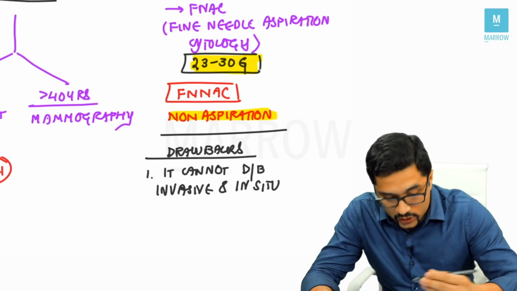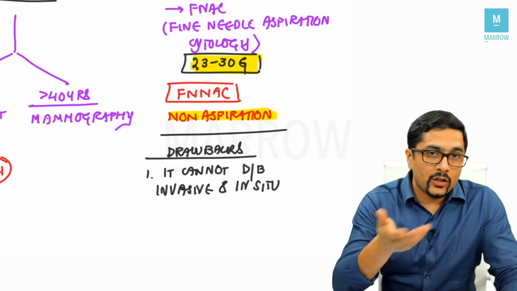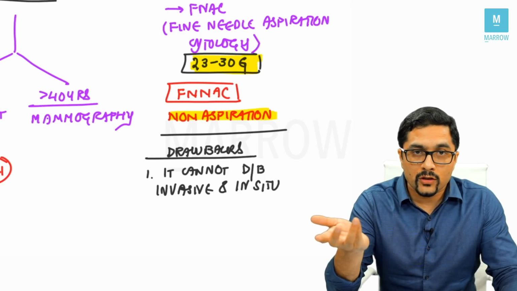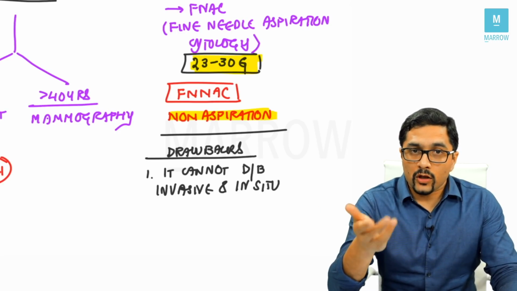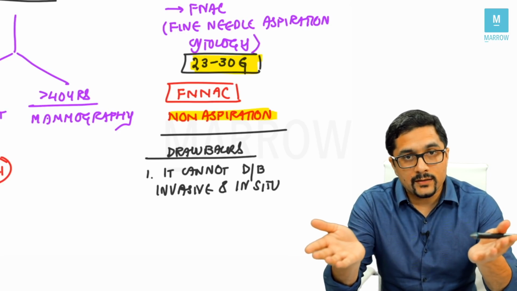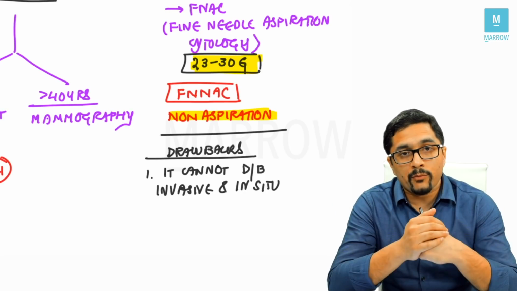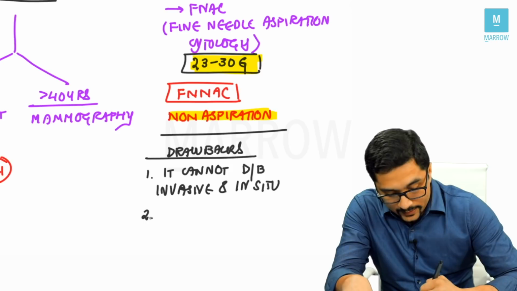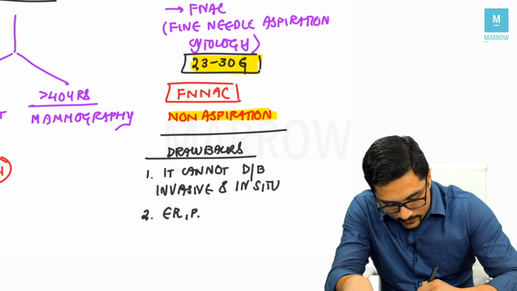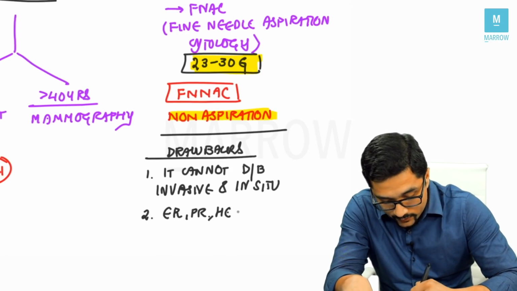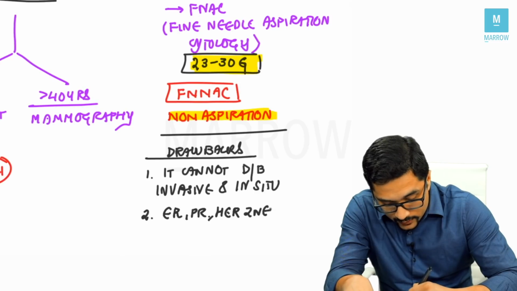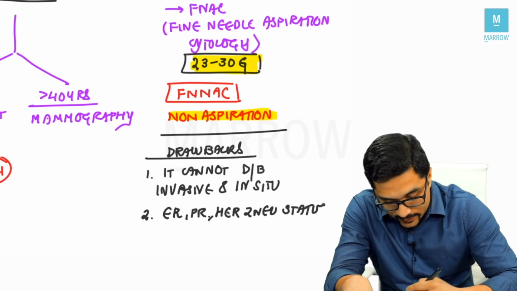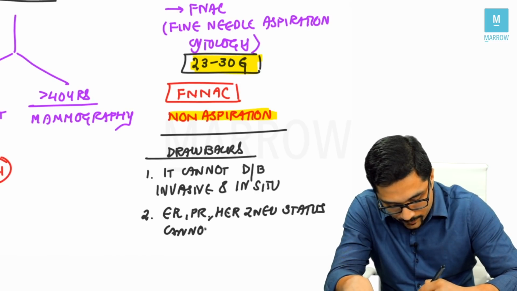Because this is cytology, and in cytology, I cannot document basement membrane invasion, which you need to document for an invasive cancer, right? The other drawback is that ER, PR and HER2/neu status, these are receptors which we'll be talking about, cannot be done on an FNAC specimen.